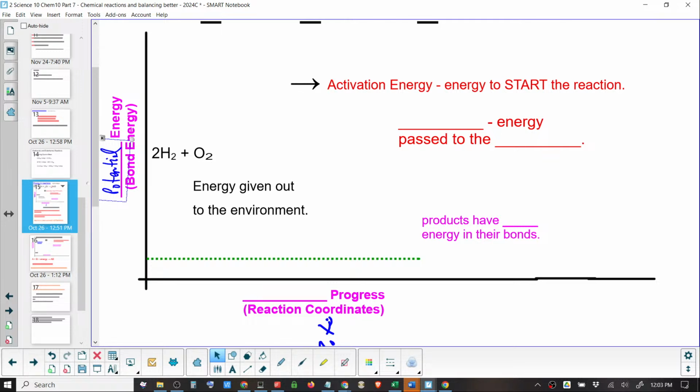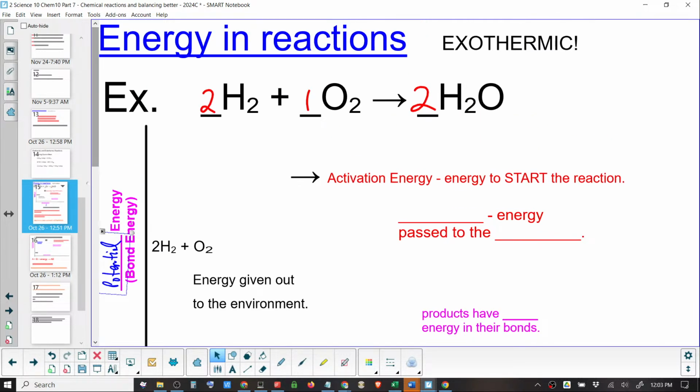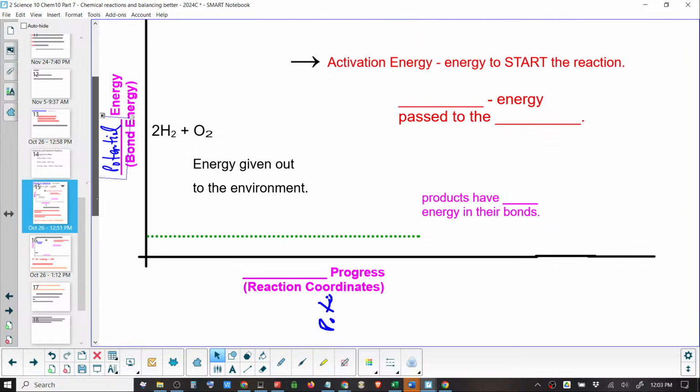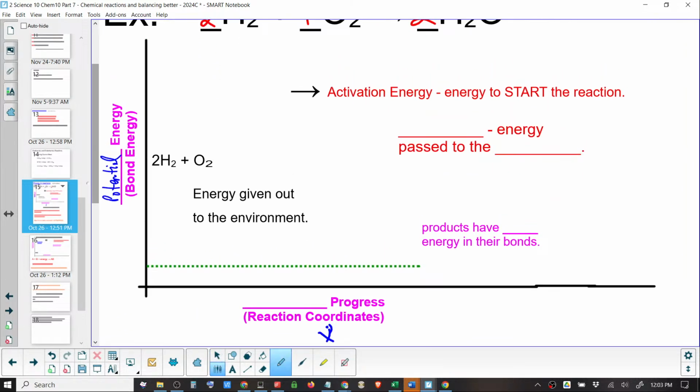For this particular reaction, an exothermic H2 plus O2 going to H2O, we're going to start here. These bonds are high energy. H2 and O2 have high energy bonds. And then they go up.